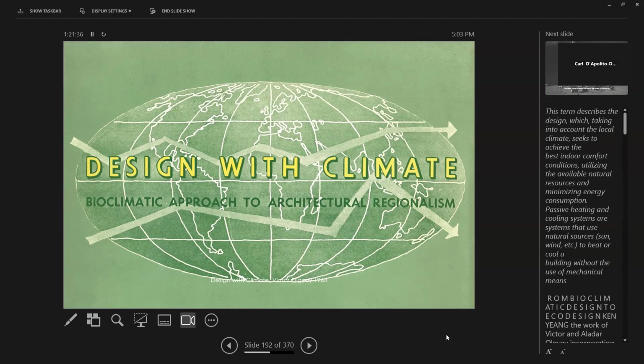I think only Victor Olgyay wrote this book, Design with Climate: Bioclimatic Approach to Architectural Regionalism. So whenever you encounter all the projects that I will show you now, they're all bioclimatic architecture. That's the designation for this type of architecture.